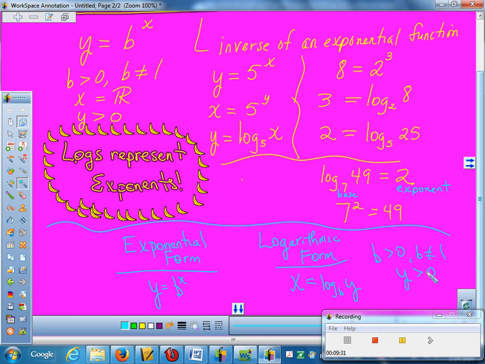So I always remember it this way: any number attached to a logarithm must be a positive number. You can't have a negative base. This other number is called the argument. You can't have a negative argument. Every number attached to a logarithm must be positive. It can equal a negative number because that's the exponent, and you can have negative exponents. We've been doing those. But anything attached to the log has to be positive.